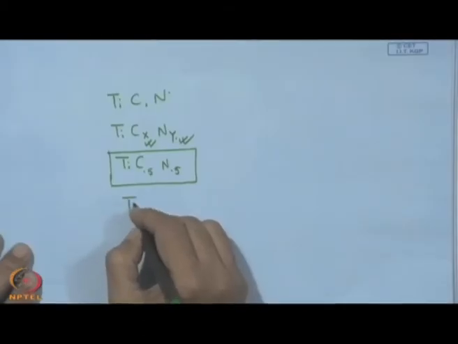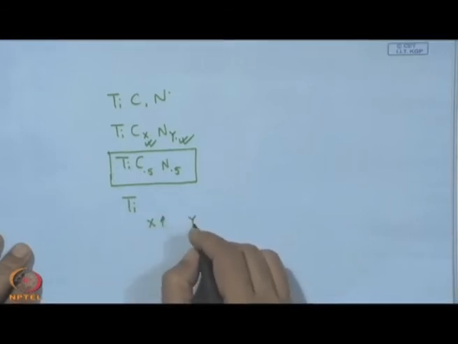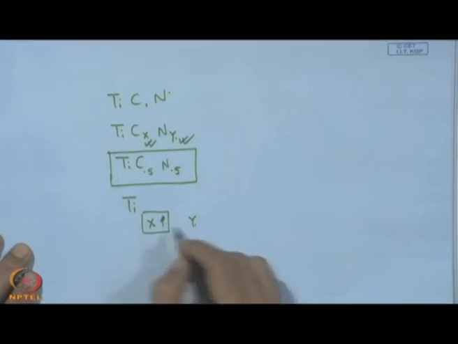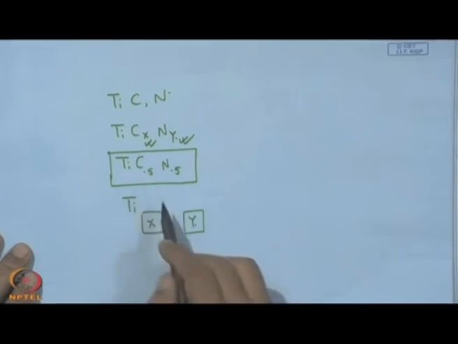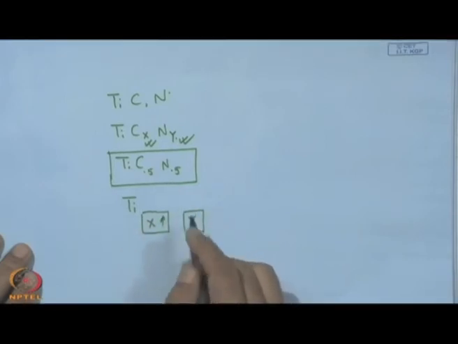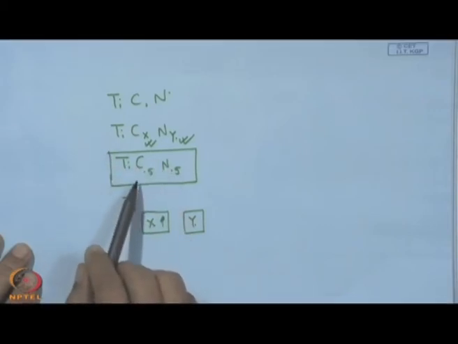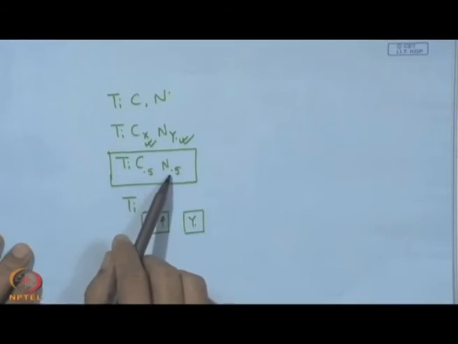Another thing in our observation is that if the temperature is raised a little bit in the CVD process, then the percentage of x goes up in comparison to the percentage of y. That means that high temperature promotes formation of TiC, more carbon in proportion to nitrogen, and as a result we have a titanium carbonitride where x will be more than 50 and y will be less than 50.